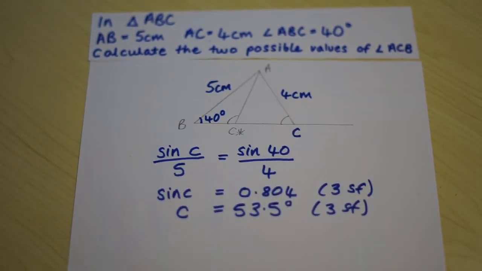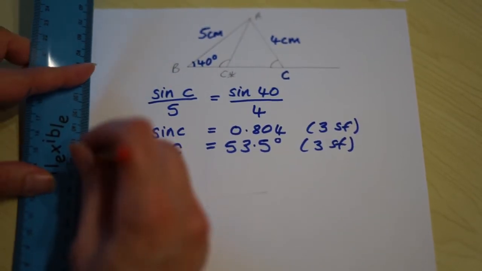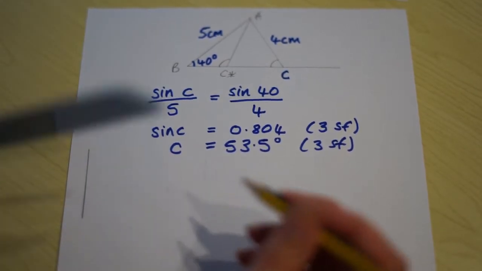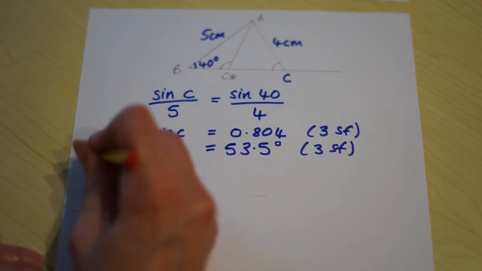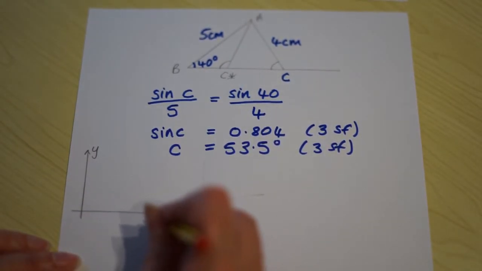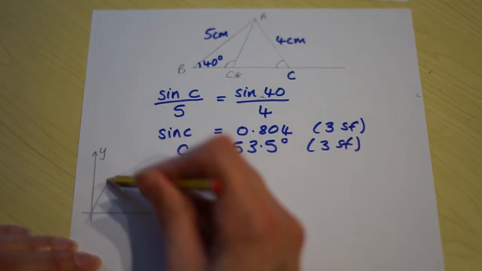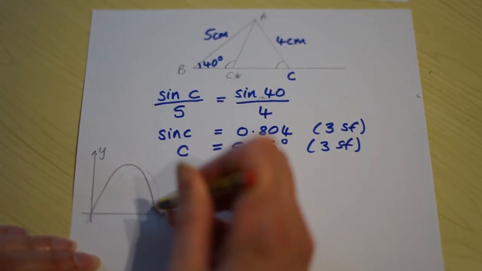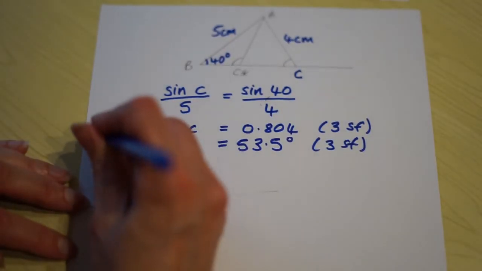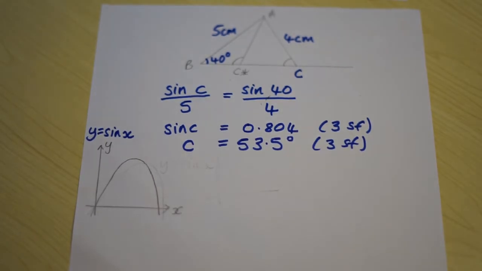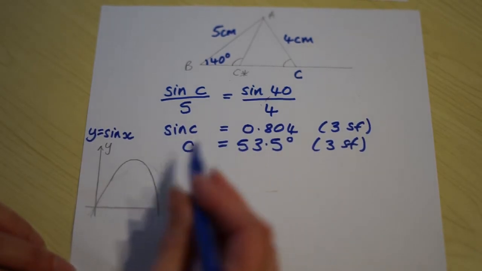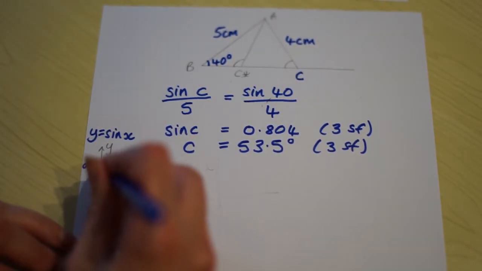So how do we extend that to the other angle? Let's consider the sine graph. So do quick axes just here. Y, X. Let's label it. Y equals sine X. Okay, so let's get our bearings with this. Sine C is 0.804.